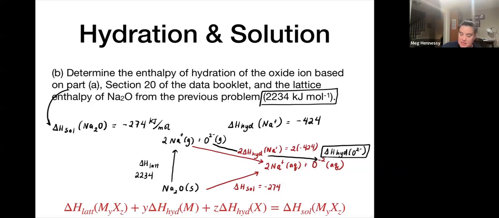So if we use our new skills with cycles, we're interested in solving for that black line, for the hydration of oxide. And to do that, we're going to have to come up with a different path around here.